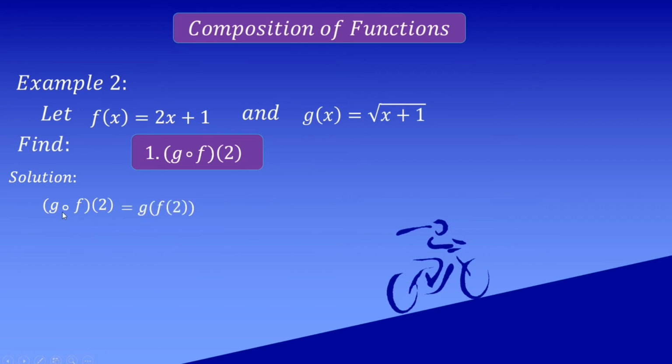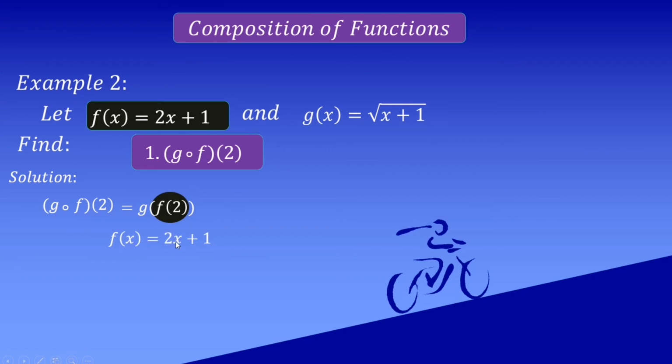So the notation of the composition of g and f of 2 is equivalent to g quantity of f of 2. So f of 2 is in the domain of g, but the 2 is in the domain of f. So maaari natin gamitin yung f of x to substitute the value of x, that is 2.